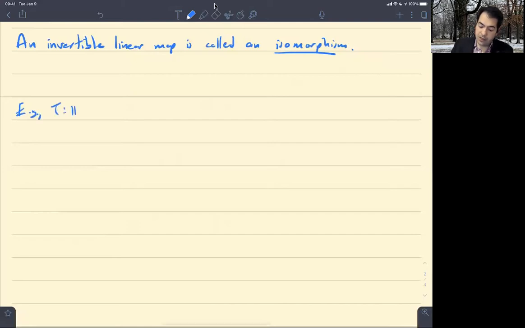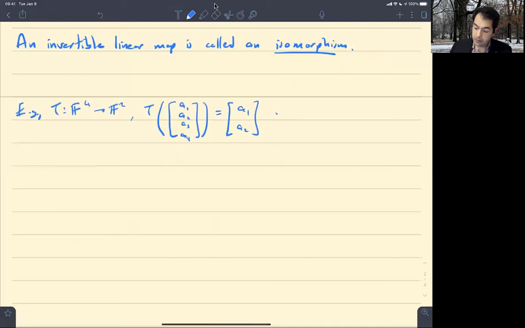Consider the map T from F4 to F2 given by, so you give me a column with 4 entries, and I will just keep the first 2 and ignore the other ones. A1, A2. This is linear. I will let you check that that is a linear map, but not invertible.